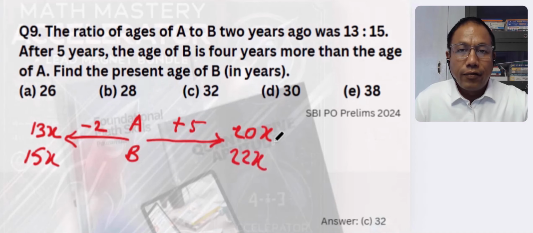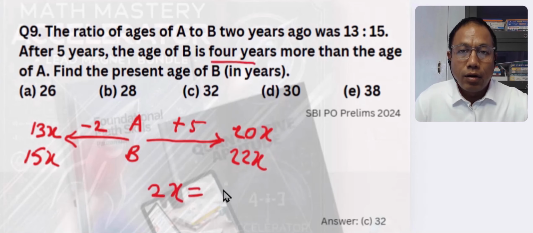22x. The difference between these two is 2x. 22 minus 20 is 2x, that is 4. Now we can find x. 2 twos are 4.